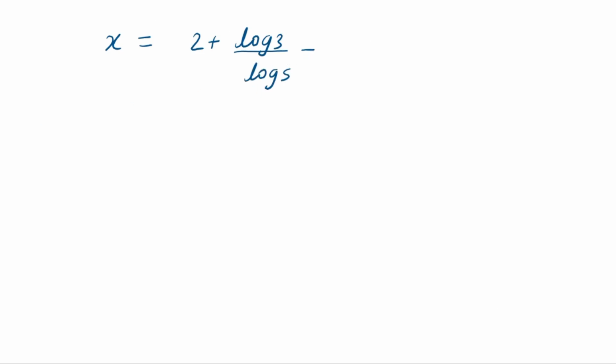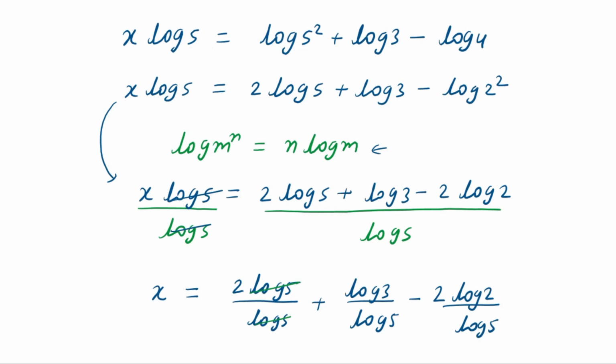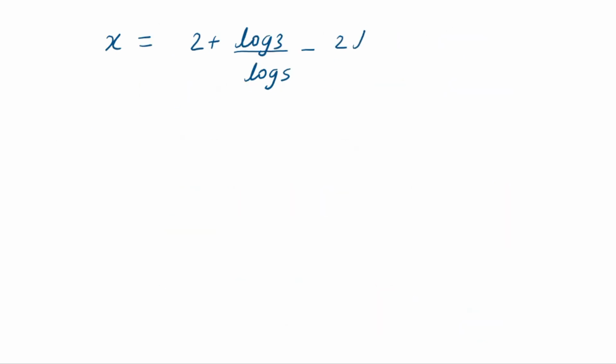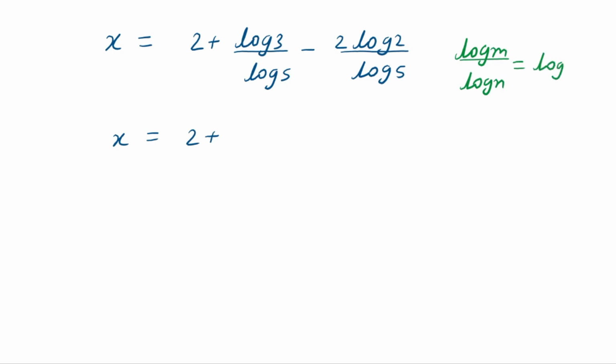minus 2 times log 2 over log 5. Now x is equal to 2 plus, here we can apply a log property. We know that log m over log n is equal to log m with base n.